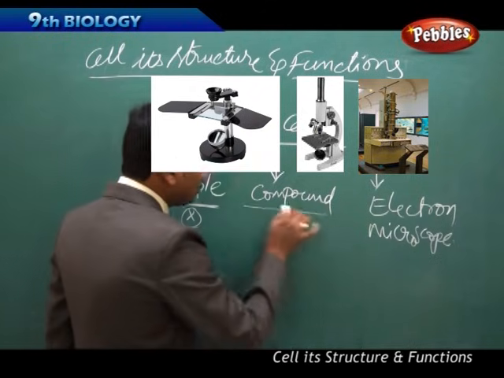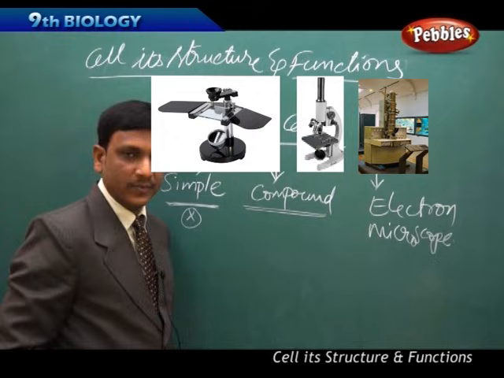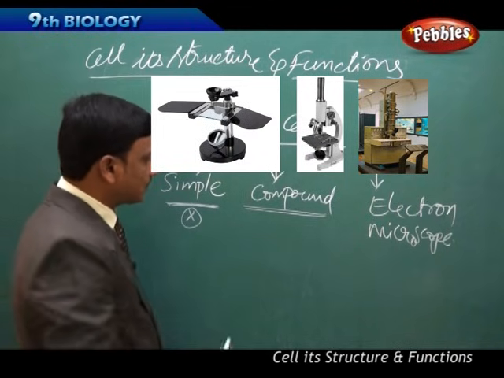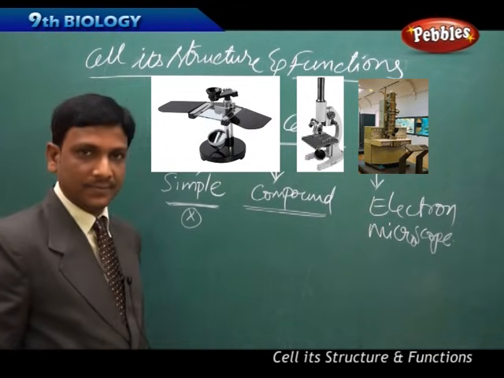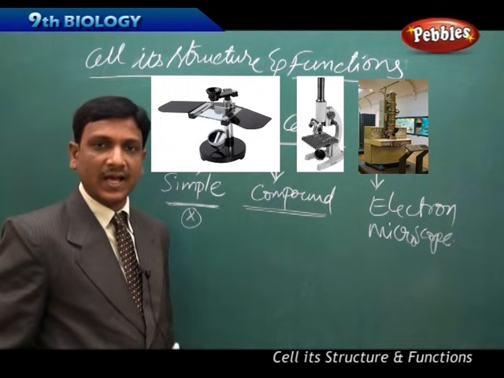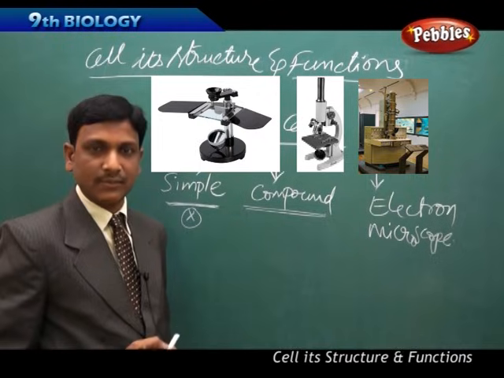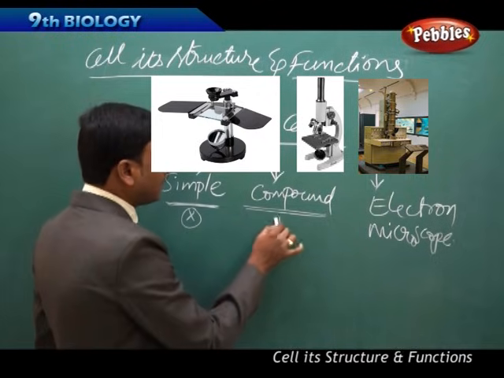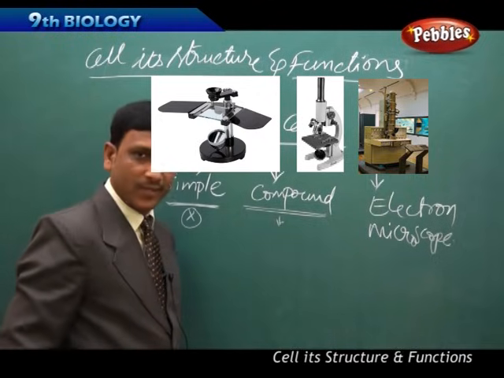We can use a compound microscope to study the cells. A compound microscope is used to observe the cell and its organelles like the nucleus, and we can see the cell wall or cell membrane. These things can be observed in a compound microscope.